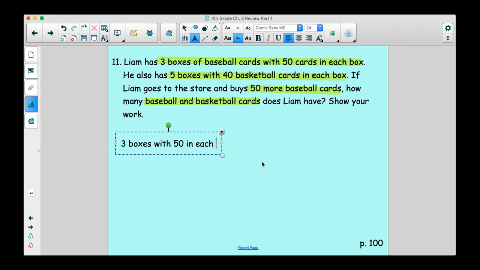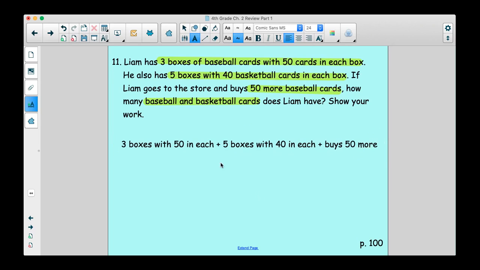Plus he also has 5 boxes with 40 basketball cards, but I'm just going to write 40 in each. We know they're all cards. Plus, he wants to go to the store and buy 50 more cards. I'm going to write buys 50 more. Okay, so we know that that's what we have to solve.